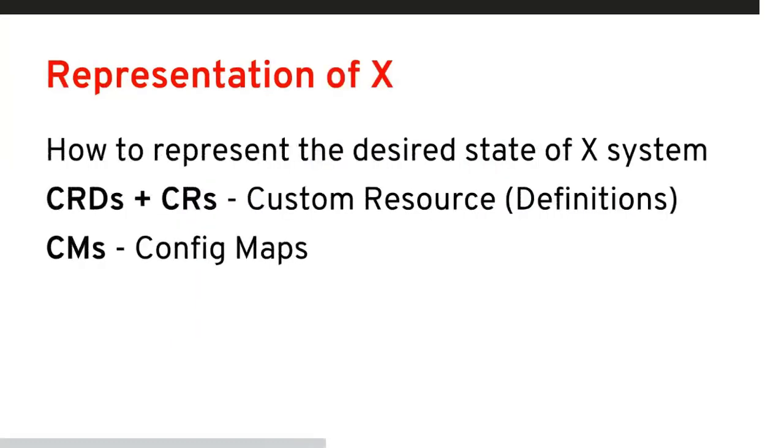So what I mean by representation of X. Normally these days it's a custom resource, because it's a way how you can extend Kubernetes for your own resources. First you have to create a custom resource definition, and then you're allowed to create resources of the type. So the custom resource definition is a type, and a custom resource is an instance of the type.